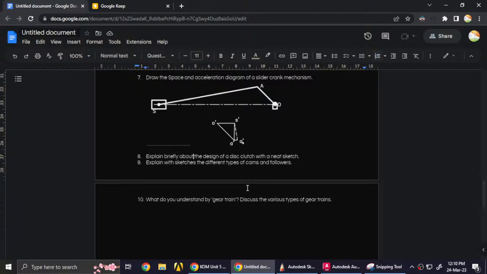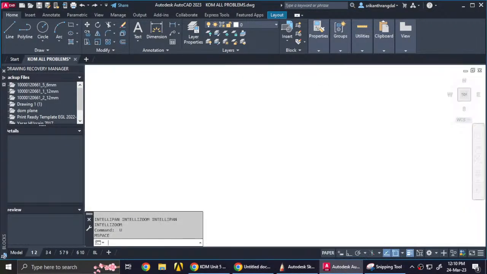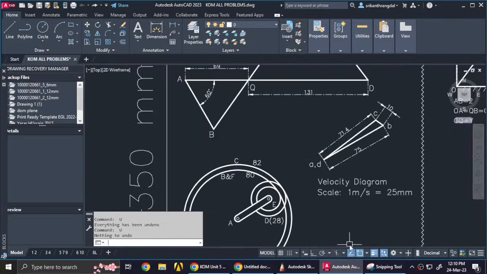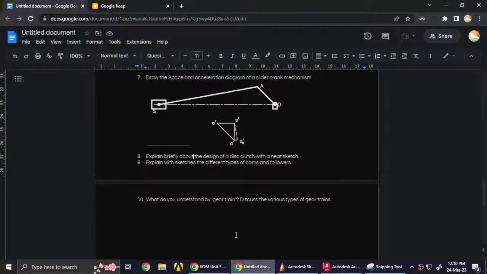Then explain briefly about the design of a disc clutch with its sketch. How is it designed?